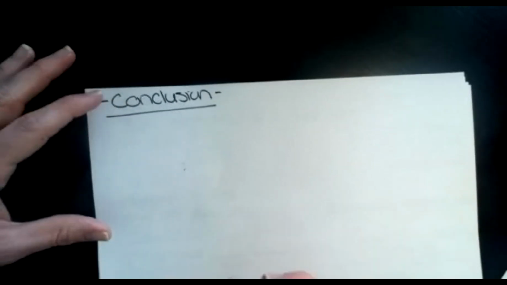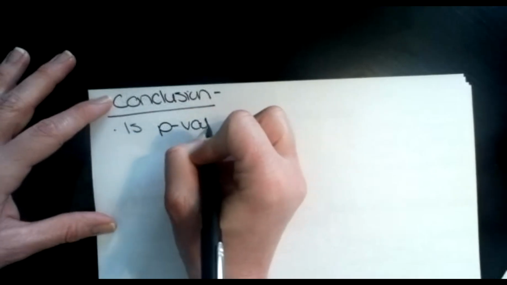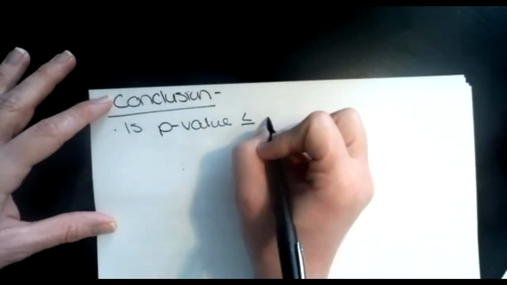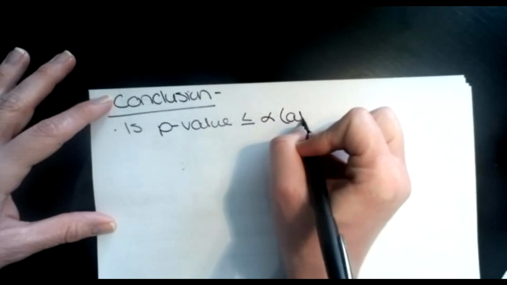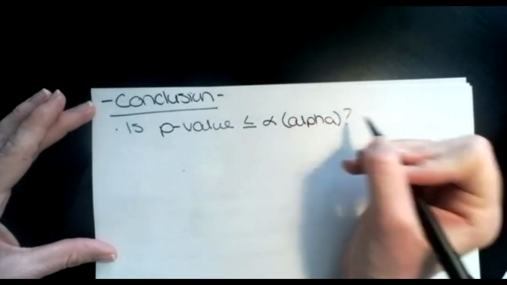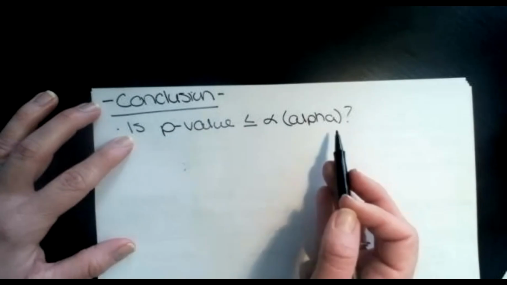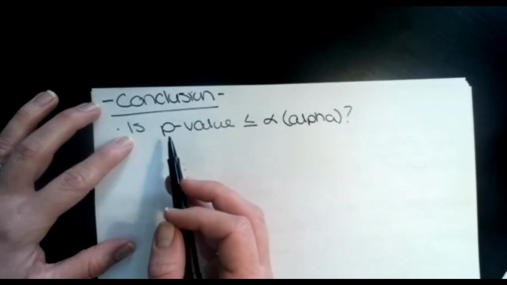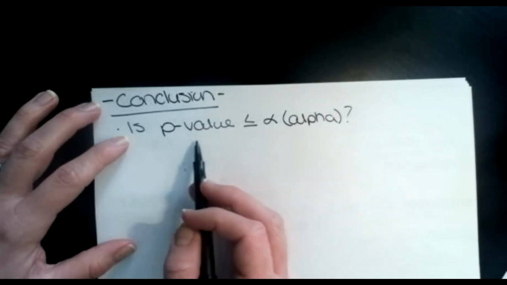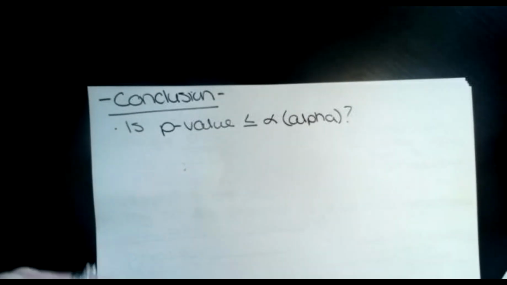The first thing is I'm going to ask myself, is the p-value less than or equal to my alpha? Remember, we identified what alpha is way up early in the steps. I want to see this. So if your p-value is 0.02, I want you to say 0.02 less than or equal to alpha, and then answer it yes or no, okay?